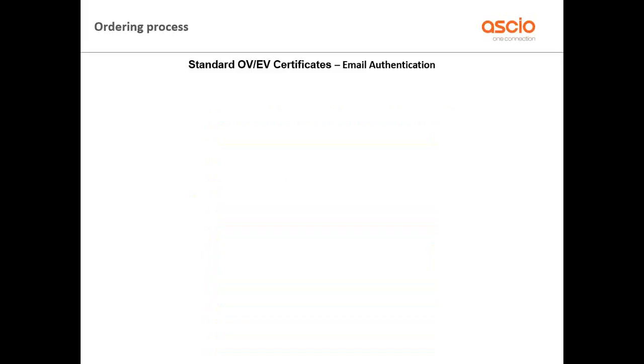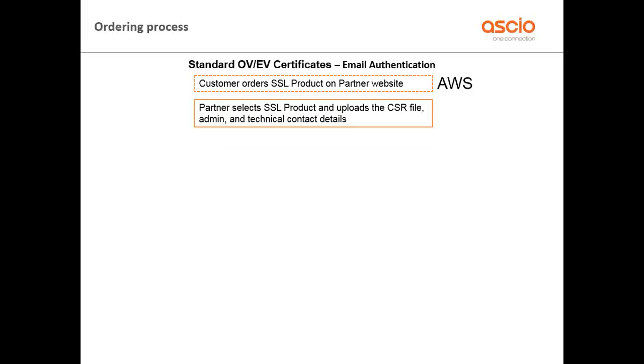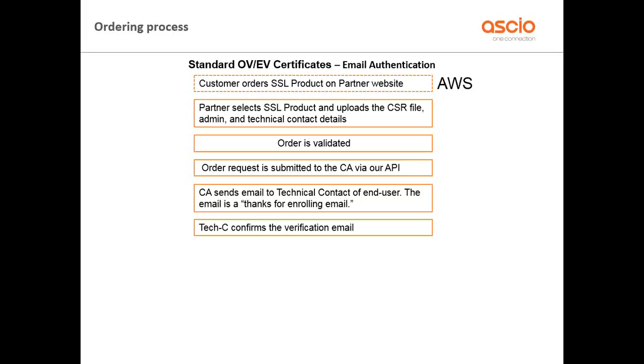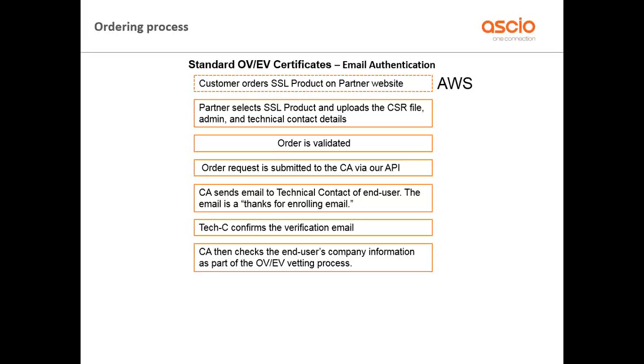Similar with OV and EV certificates. You submit the order through the partner portal or through the API, and we validate the order again, submitting the order to the CA, and then the CA sends an enrolling email to the technical contact of the customer, and the tech contact confirms the verification email. Then the CA will start checking the end user's company information.